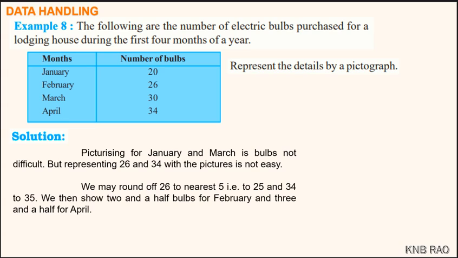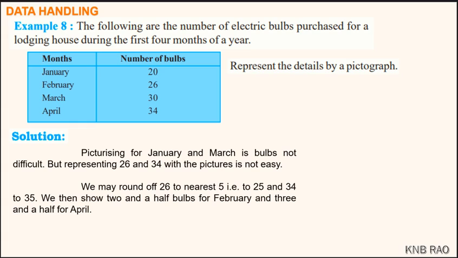We may round off 26 to the nearest 5, that is 25, and 34 to 35. We then show 2.5 bulbs for February and 3.5 bulbs for April.